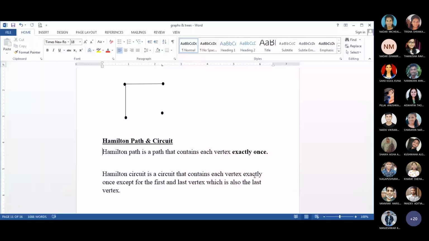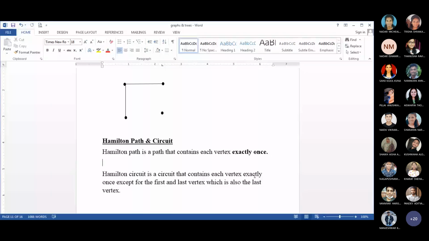Hamilton में what it says, Hamilton path is a path that contains each vertex exactly once. ठीक है, that contains each vertex exactly once. मतलब Hamilton path में तुम्हारा vertex cannot be repeated. Euler path में तुम्हारा edge cannot be repeated.